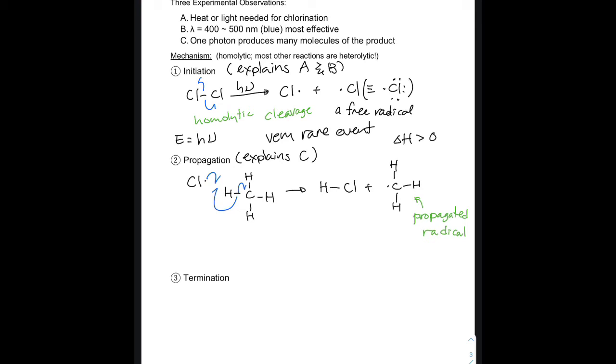Now, the common mistake that I think students make is to let this methyl radical react with a chlorine radical in the next step. But if that happened, the reaction ceases there, right? Because the radical is not being propagated. And remember that the homolytic cleavage of chlorine is a very rare event, meaning that in the reaction mixture, you should still have tons of chlorine molecules left.